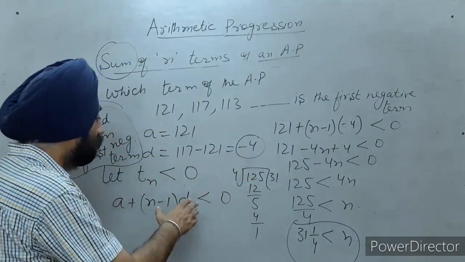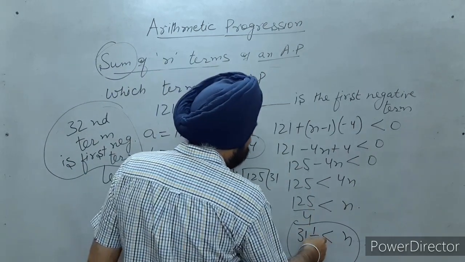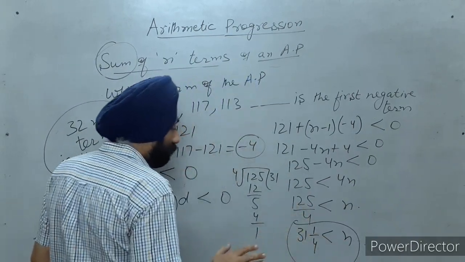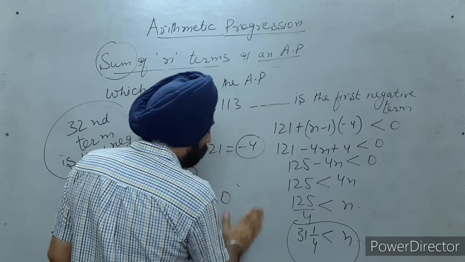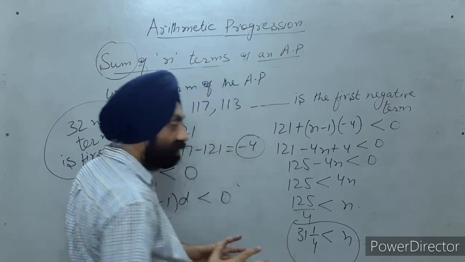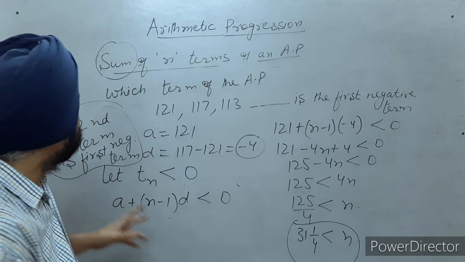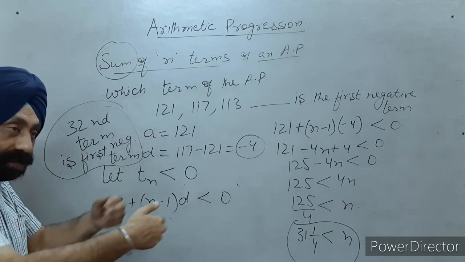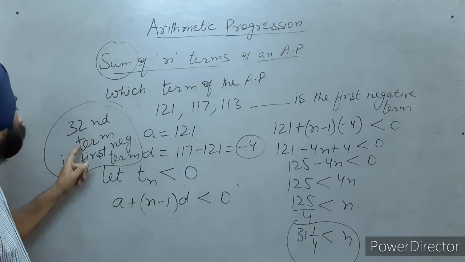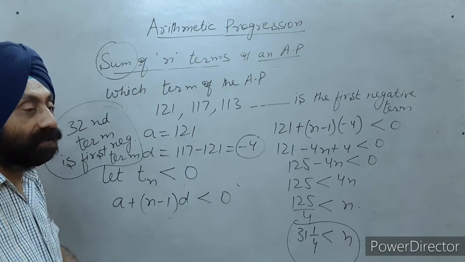So just calculate it, I get n greater than 31 1 by 4. When I divide, I get 31 1 by 4, which means my first negative term is greater than that, and the next term is the 32nd term, the first negative term.